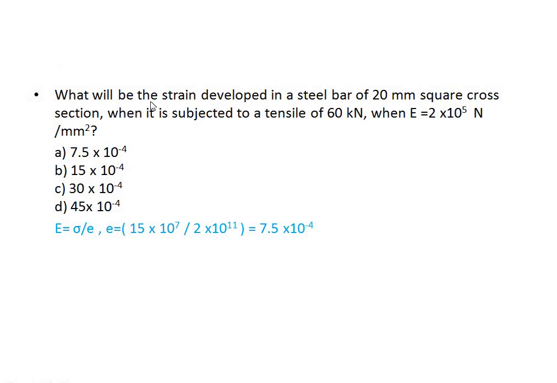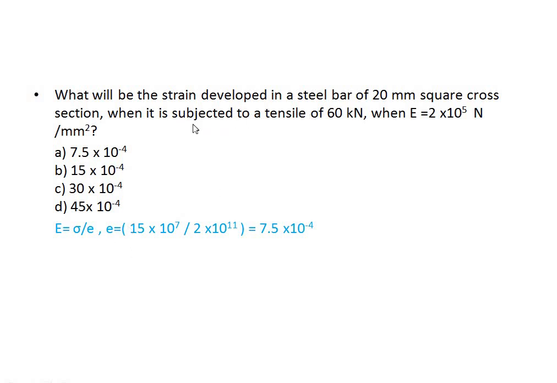Next, what will be the strain developed in a steel bar of 20 mm square cross section when it is subjected to a tensile load of 60 kilonewton when E is equal to 2 into 10 power 5 Newton per mm square? The same problem, Young's modulus is given, and I have asked you to find the value of strain.